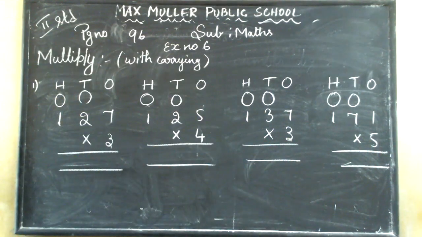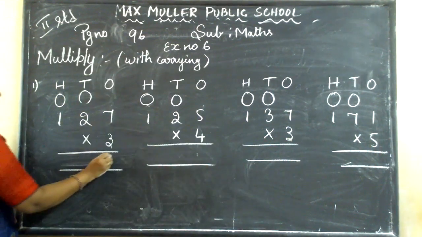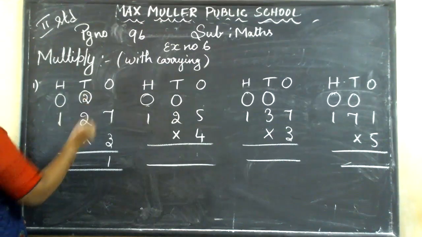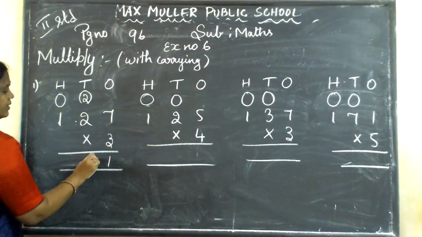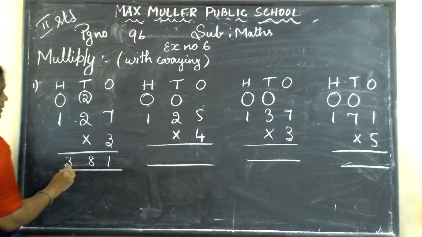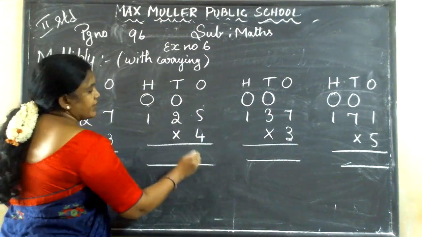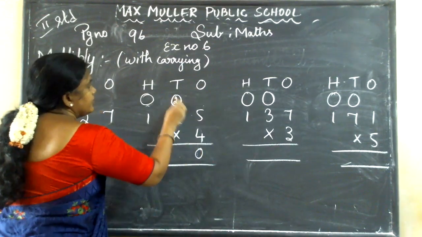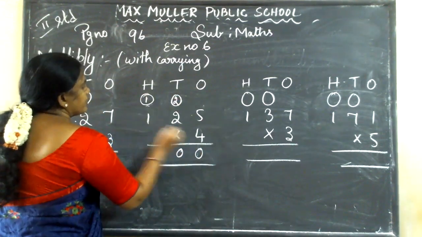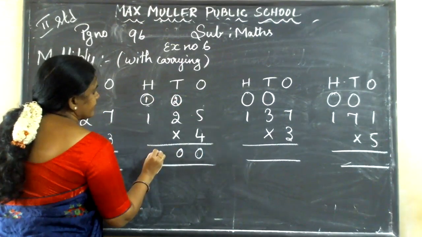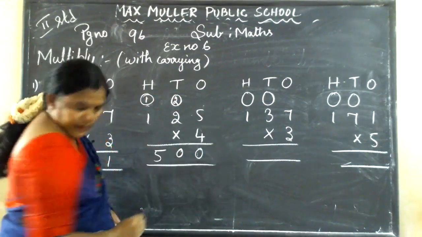Now listen here. 3 sevens are 21. 1 right here, 2 carry. 3 twos are 6. 6 plus 2, 8. 3 ones are 3. 4 fives are 20. 0, 2 carry. 4 twos are 8. 8 plus 2, 10. 0, 1 carry. 4 ones are 4. 4 plus 1, 5. 500.